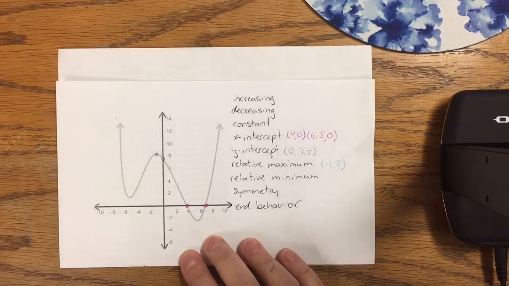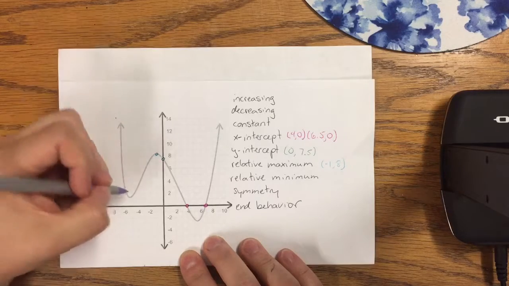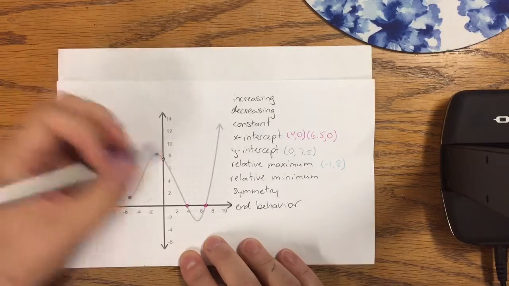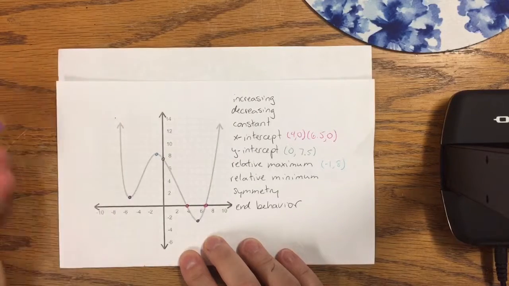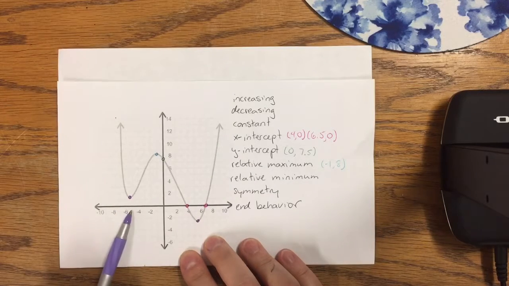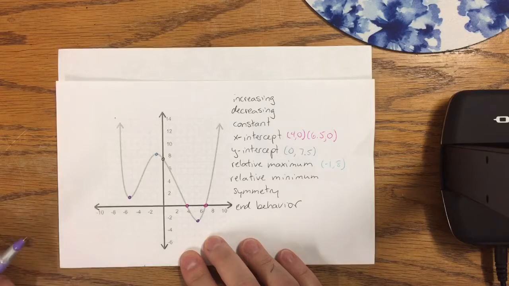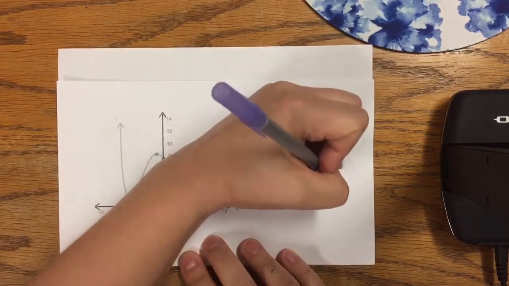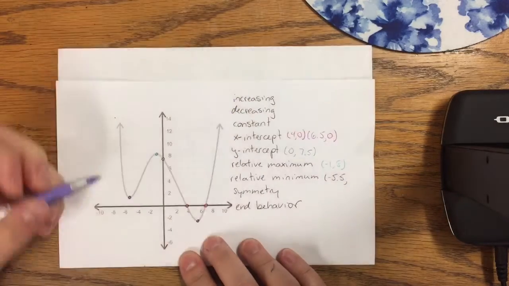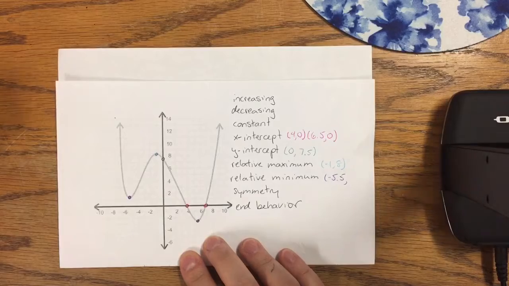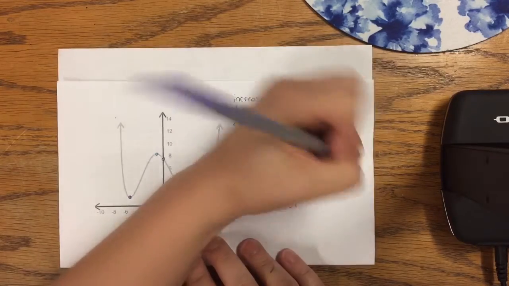All right, then we want to find minimums. Remember, those are the bottom of our roller coaster hills. So I have one right here, and I have one right here. So this looks to me like -5, a little past there, so maybe -5.5, and it is about 1 high, we'll say.